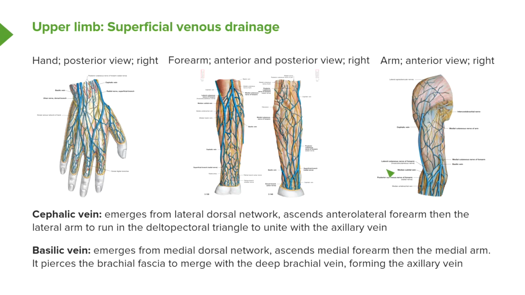So we can see we've got this superficial cutaneous venous drainage, primarily from the cephalic vein and from the basilic vein. At the elbow joint, there is a very important communication between the cephalic vein and the basilic vein. And this little communication here lies directly anterior to the elbow joint, and it's known as the median cubital vein.